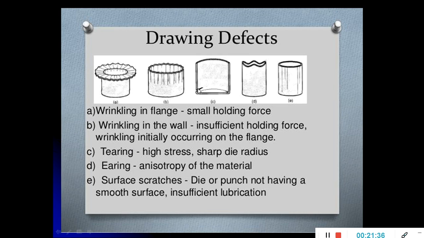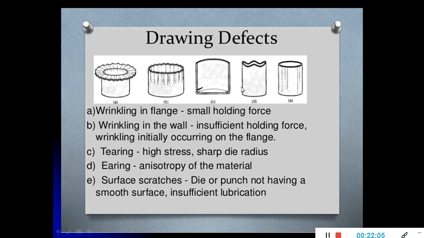Whenever high stresses are induced in the material during the drawing operation, or the die radius is sharp in some cases, and the stresses induced are very high, then some portion of the material is going to tear like this. This defect is known as the tearing defect.